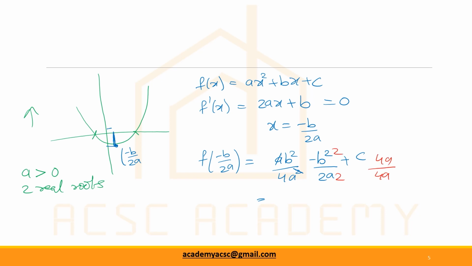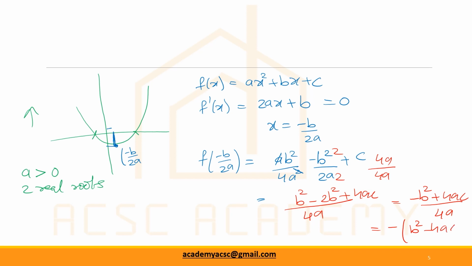So this becomes b square minus 2b square plus 4ac. So it simply becomes minus b square plus 4ac upon 4a. And if we take minus out of this, then it is b square minus 4ac upon 4a.